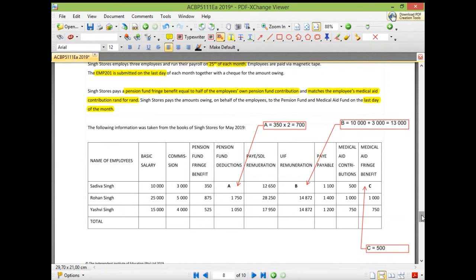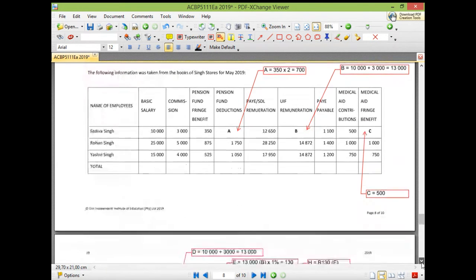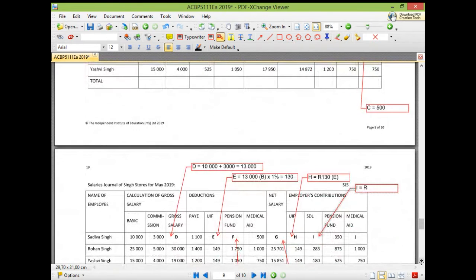So we multiply, it's also 1% of that remuneration. Okay, so we take the 12,650 multiplied with 1% gives us, and now we have to round it up, so it's 127. Because they said round it to the nearest rand.